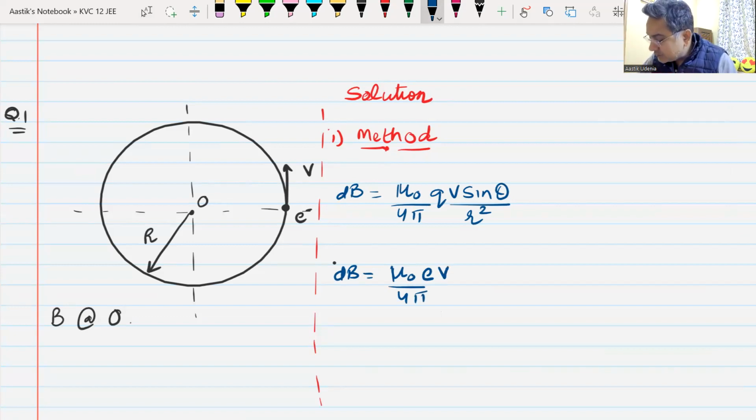Then you get v, the speed. What is the angle between v and r here? 90 degrees, sir. Divided by radius square. And that is your answer, my dear friend.